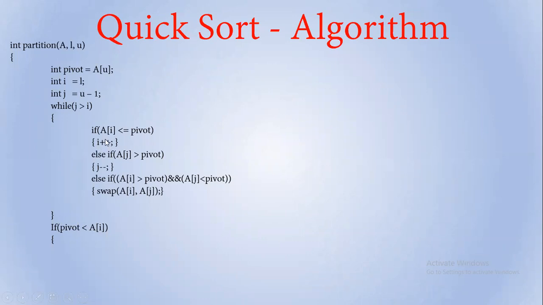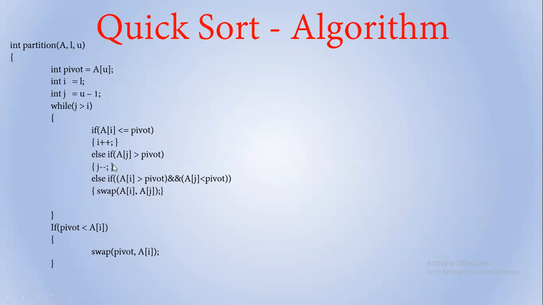So this i may have increased, for example, say it is now 2. So A2 will be checked against A4. If A4 is less than A2, then we should again swap pivot and A[i]. We should again swap pivot and A[i] if the pivot value is less than the left side.